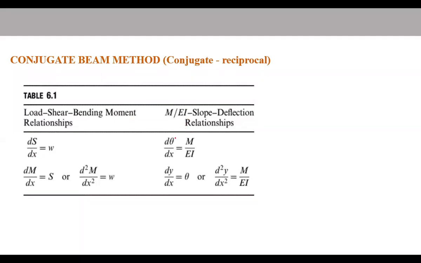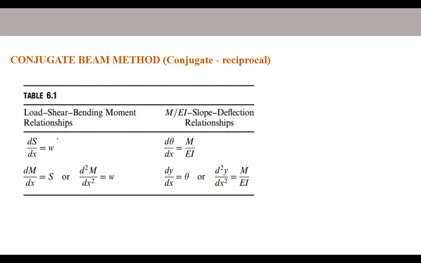And you have also seen this: d theta over dx is equal to M over EI. We have seen this while deriving the simple beam bending equations. And dy by dx is the slope, and d2y by dx squared is M over EI. We use this for the direct integration method.